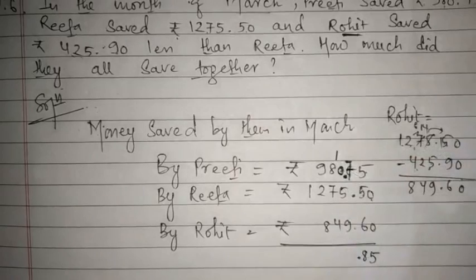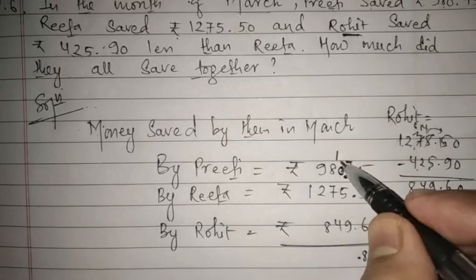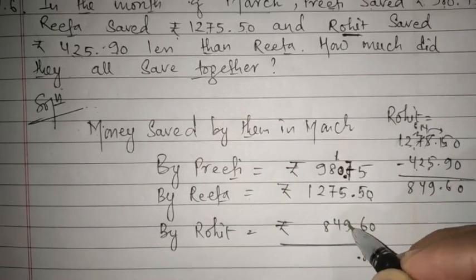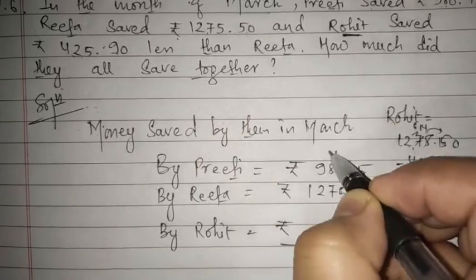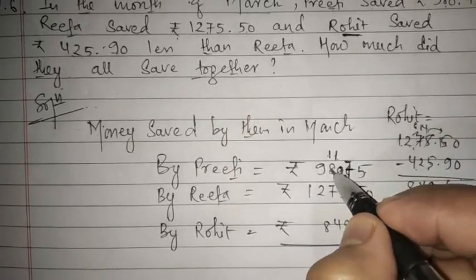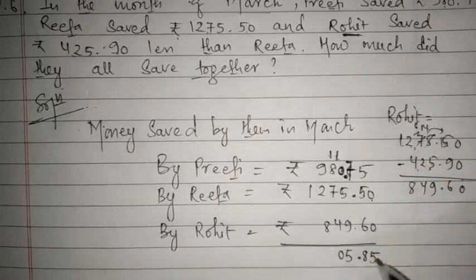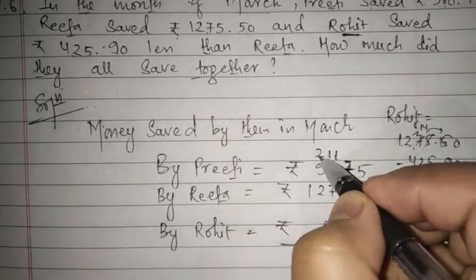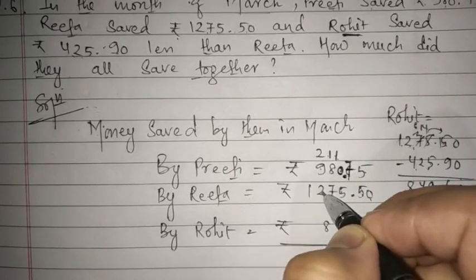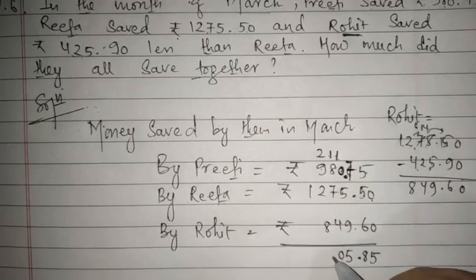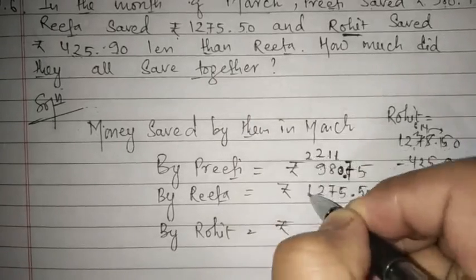This is a 0, so 1 plus 0 is 1. 1 plus 5 is 6. 6 plus 9 is 15. 1 in hand again, so 1 plus 8 is 9. 9 plus 7 is 16. 16 plus 4 is 20. So 2 in hand. 2 plus 9 is 11. 11 plus 2 is 13. 13 plus 8 is 21. 2 in hand. 2 plus 1 is 3.